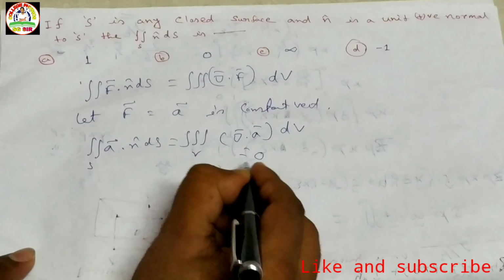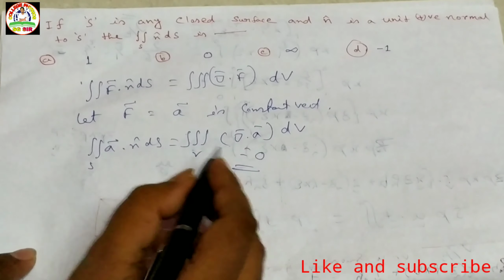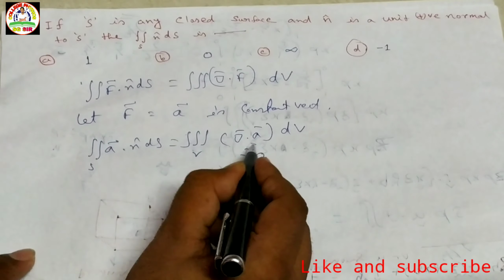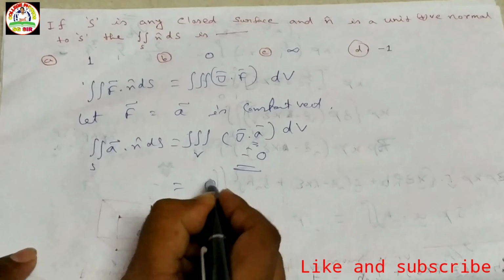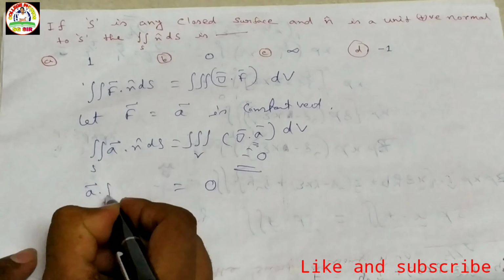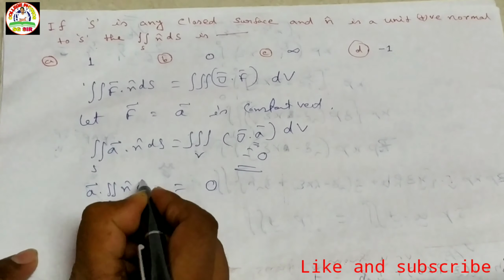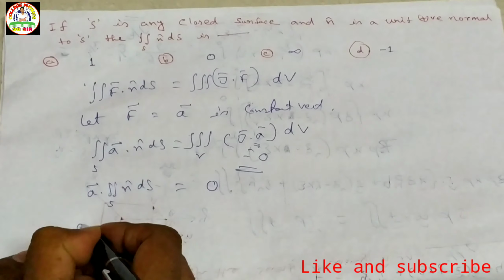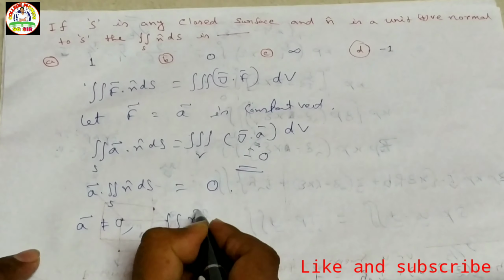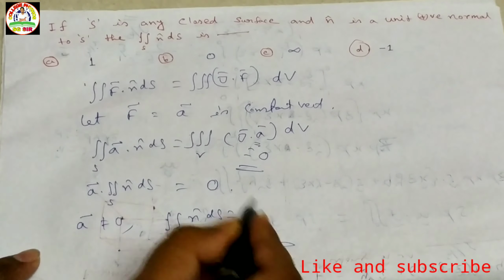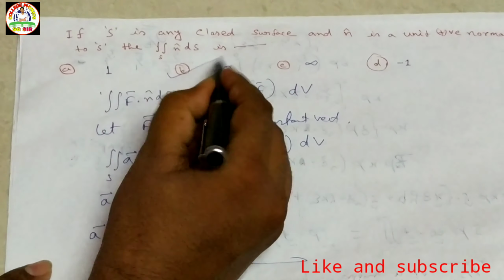Now we know the divergence of a is equal to 0 because a is a constant vector. So we get a dot n cap ds equal to 0. As a is not equal to 0, we can easily write the integral of n cap ds equal to 0. So option B is correct.